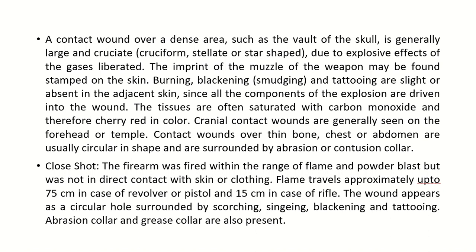So the firearm is within the range of the flame, and blackening, burning or tattooing is observed. The flame will travel up to 75 centimeter in case of a revolver and 15 centimeter in case of a rifle. The wound will appear as a circular hole, surrounded by scorching, singeing, blackening, tattooing, abrasion collar, grease collar, etc.